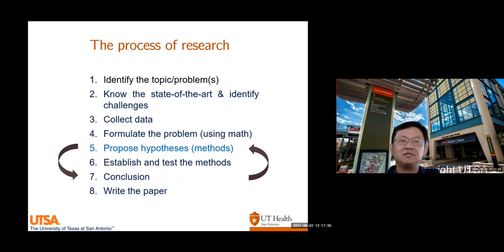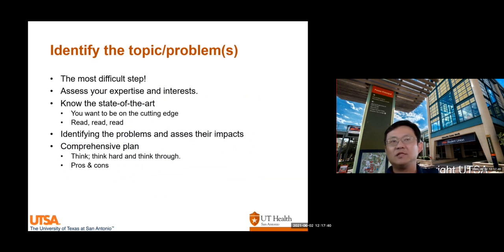So let me get into the details of each one of the steps, okay. The first step is to identify the topic or topics and the related problems. This is, in fact, to me, the most difficult step within this process. For you guys who are in this REU program, you are pretty much saved from this process of identifying topics.